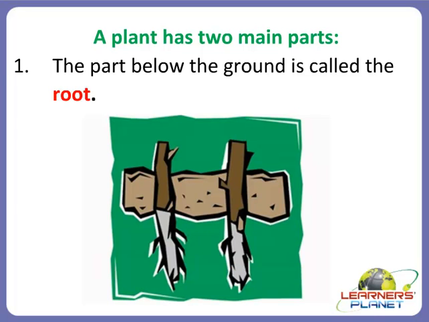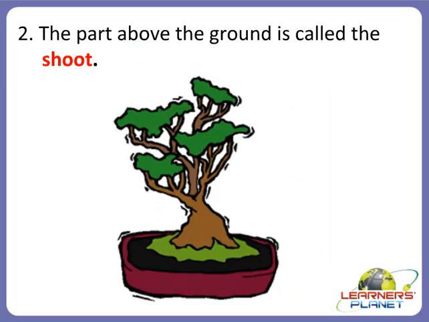So this is the first main part of a plant. The second main part of a plant is the part above the ground, and this part is called the shoot.